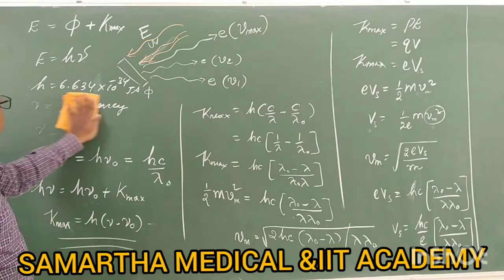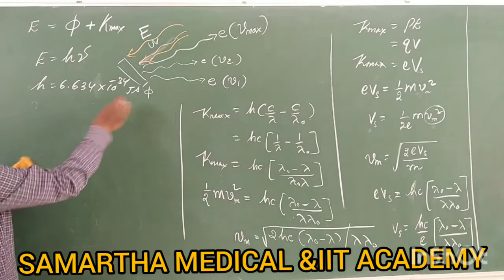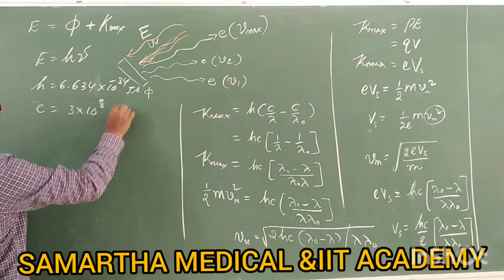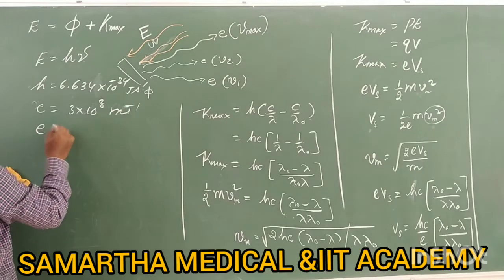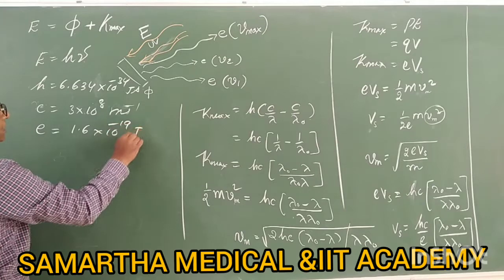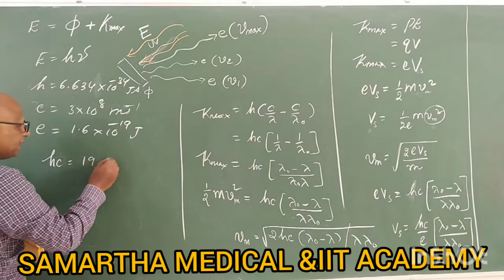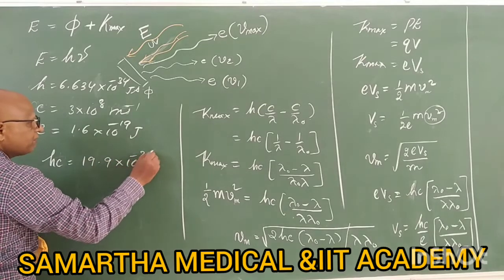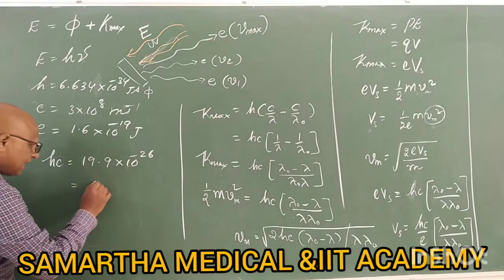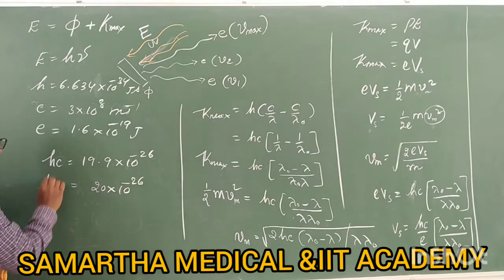Okay, you know that H is 6.634 into 10 to the power of minus 34, and C is 3 into 10 to the power 8 meter per second, and E, the value of electronic charge, is 1.6 into 10 to the power of minus 19 coulomb, and Hc is approximately 19.9 into 10 to the power of minus 26, but I will suggest you to remember this as 20 into 10 to the power of minus 26, the value of Hc.